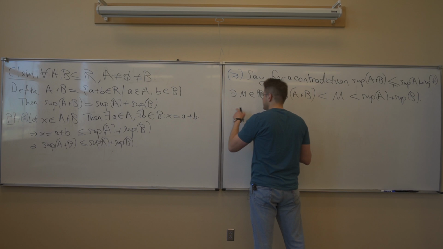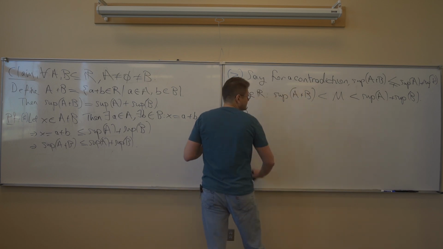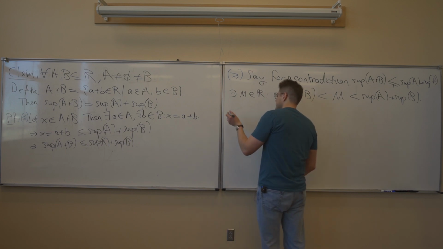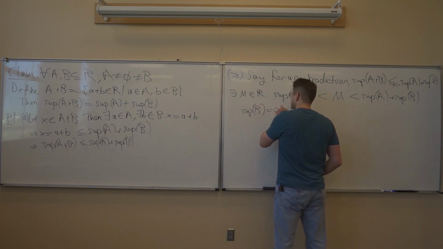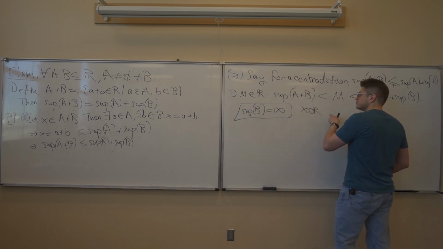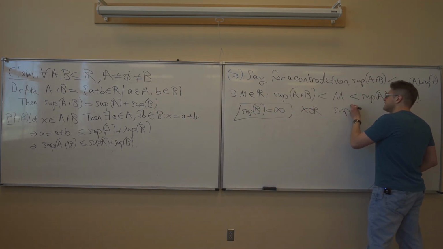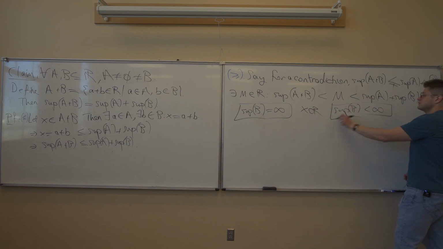So let's split the cases. Either B is bounded from above or not. In other words, either sup of B is positive infinity, XOR, exclusive OR, sup of B is a finite number. It's not an extended number.